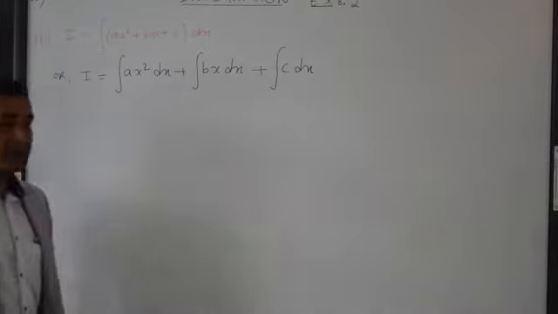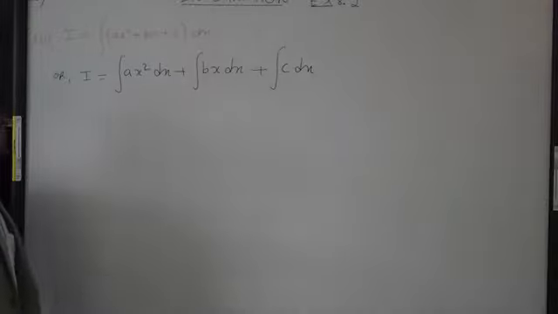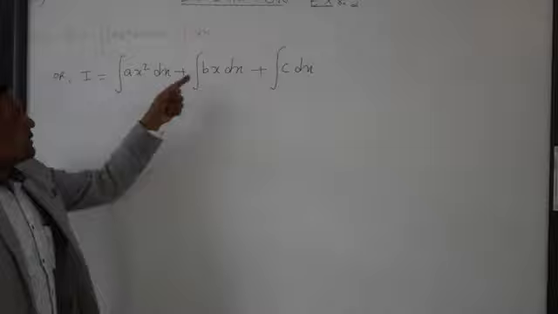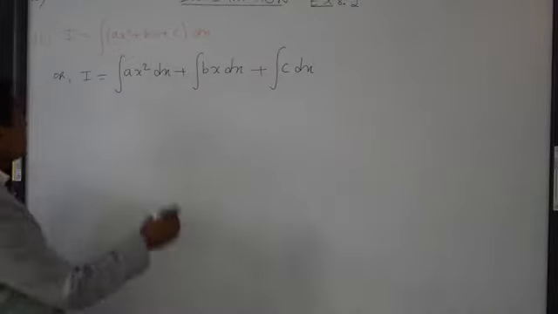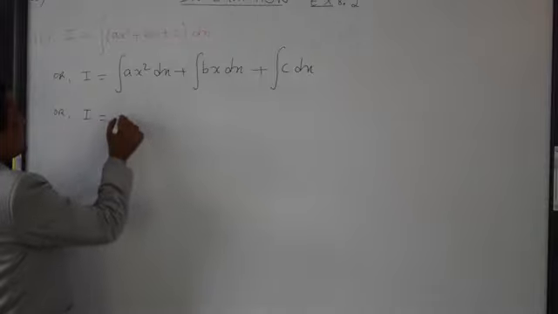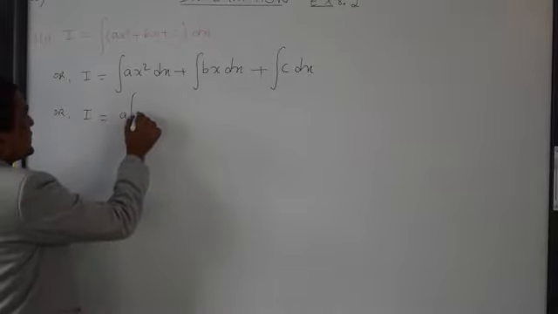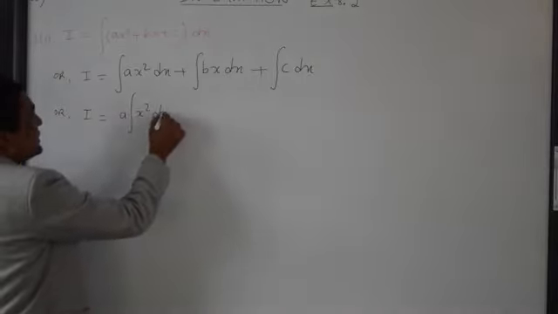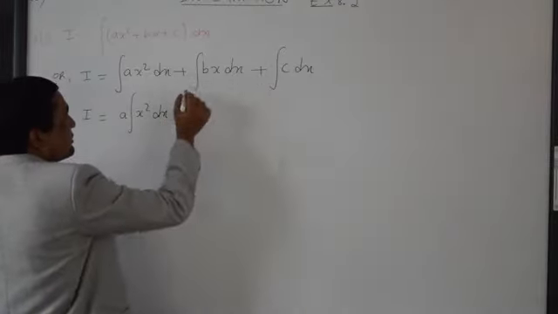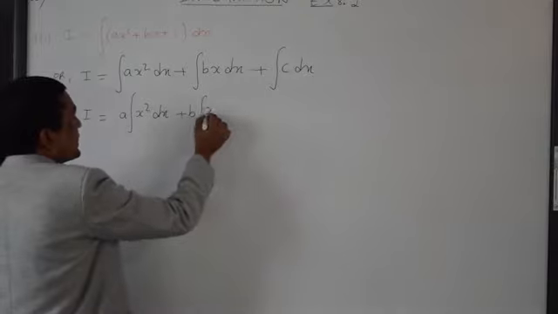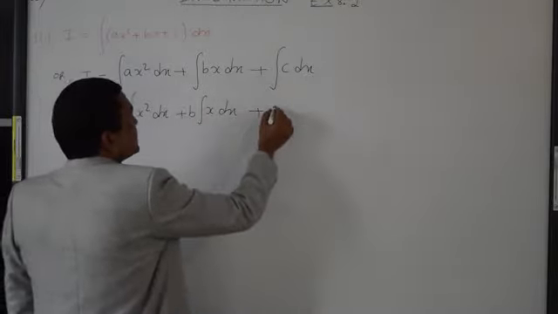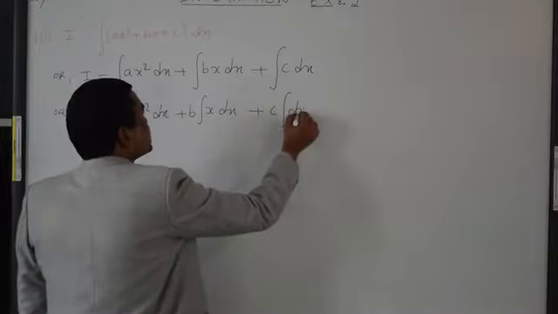Now we separated the integration for each term, and you can take the constant terms out of the integrations. I equals a integration x square dx plus b integration x dx plus c integration dx.